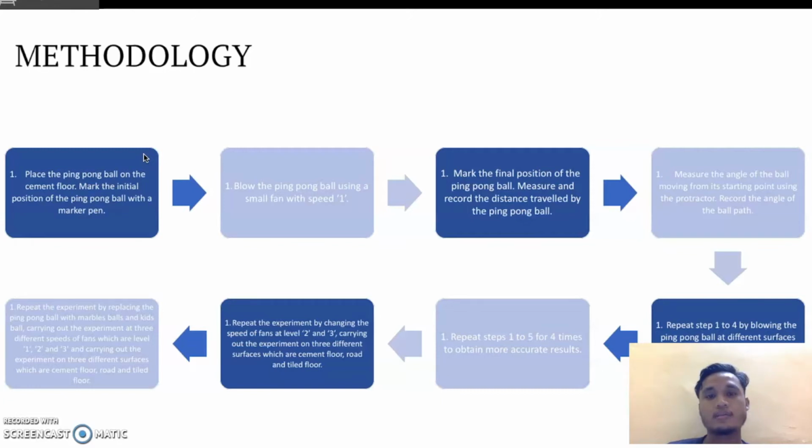Throughout the experiment, we use 3 different surfaces: the cement floor, the road, and the tile surface. Then we repeat the experiment by replacing the ping pong ball with marbles and kickball. We use the different speeds of fan and the different surfaces: the cement floor, the road, and the tile floor. That's all for the protocol.